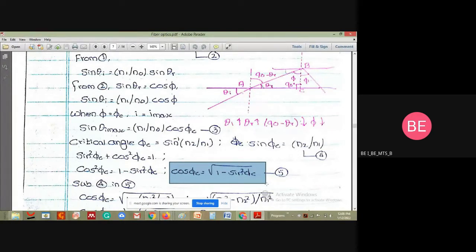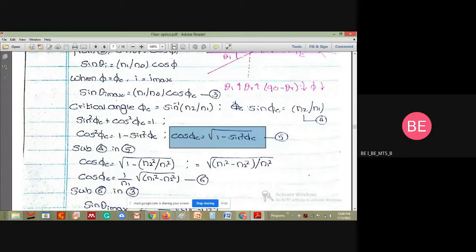Now we can substitute the value of cos phi c, equation number 5, in equation number 3. But before that, let us substitute the value of sine square phi c here. In equation number 4, we have the value for sine phi c: sine phi c is equal to n2 by n1.